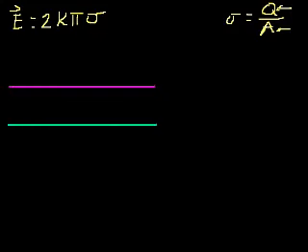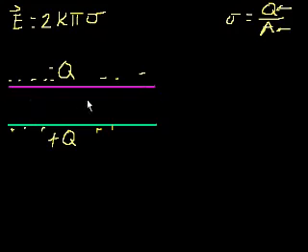And let's say they're the same size, and they both have area A. And let's say that I place plus Q worth of charges here. So this is plus Q, so this is positively charged, right? I could draw a bunch of pluses here. And let's say this is minus Q. So this is negatively charged, right?